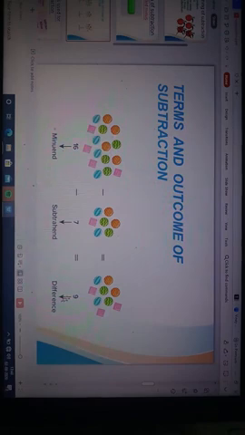The number from which another number is subtracted is called minuend, the number which is subtracted is called subtrahend, and the answer is called difference. Minuend, subtrahend and difference.